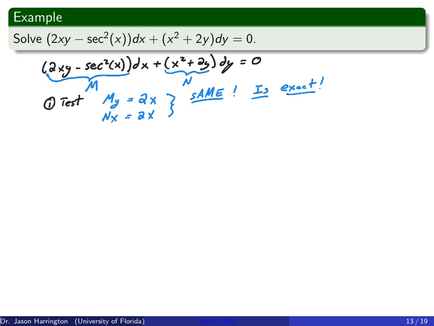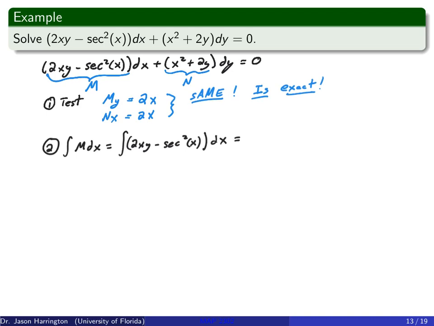Now the next thing I'm going to do is integrate M with respect to x. That's going to turn into the integral of (2xy minus secant squared x) with respect to x.